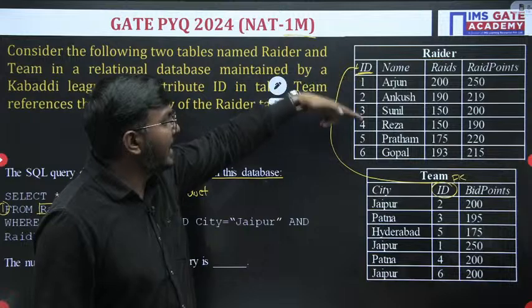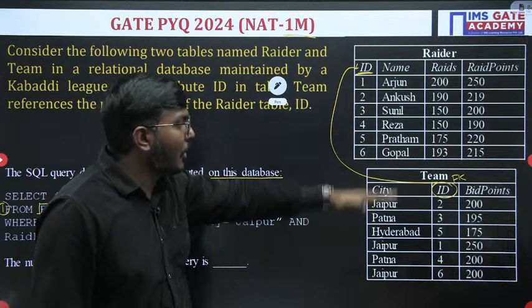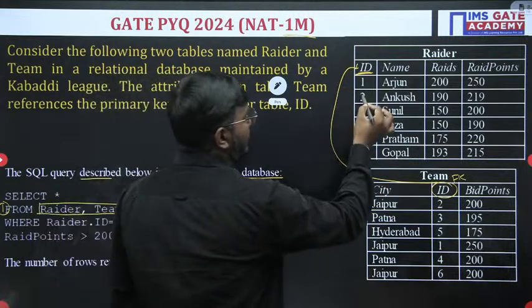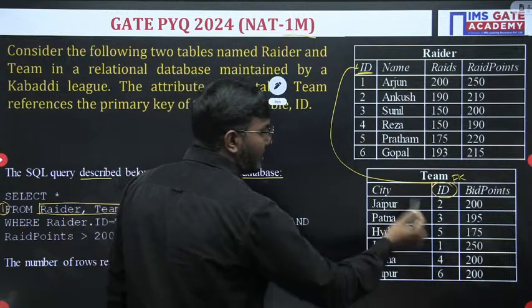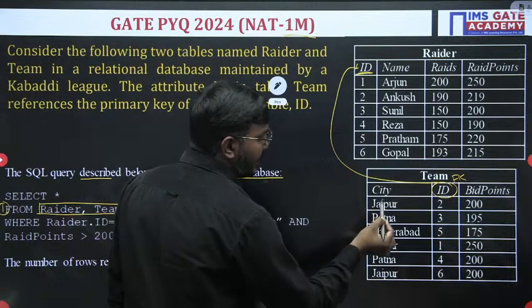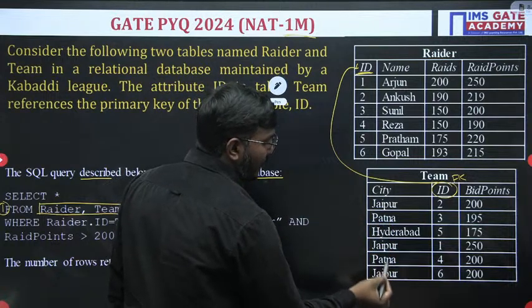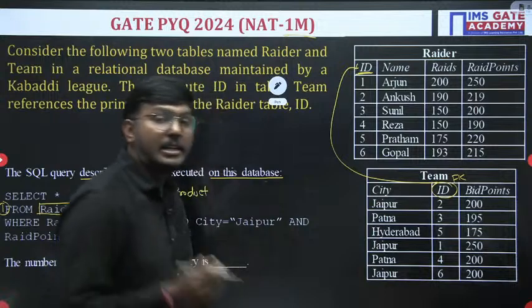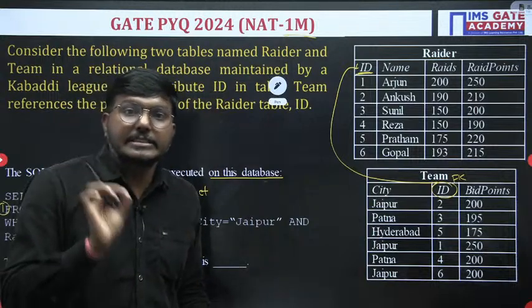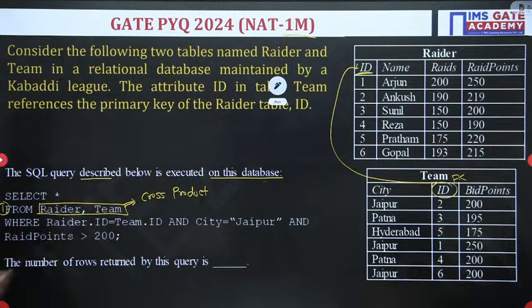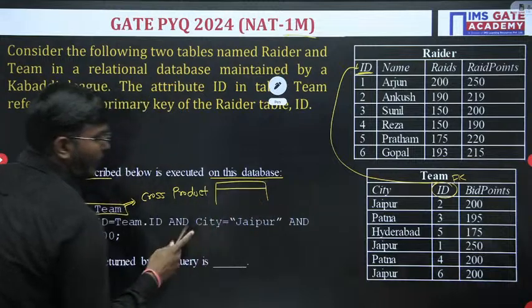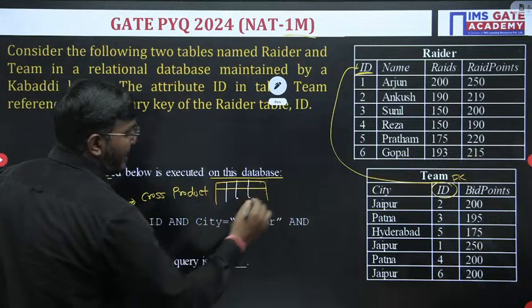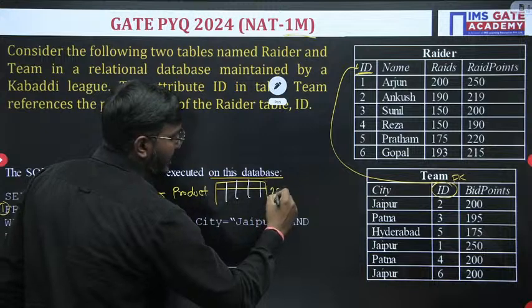Each record of the Raider is paired with every record of the team. These 6 records are paired with all the records of this team, which has 1 2 3 4 5 6 records. So 6 into 6 is 36. The 36 records will be present in the result table of this from clause. Means after the cross product, technically it will be a table with 7 attributes and 36 records.